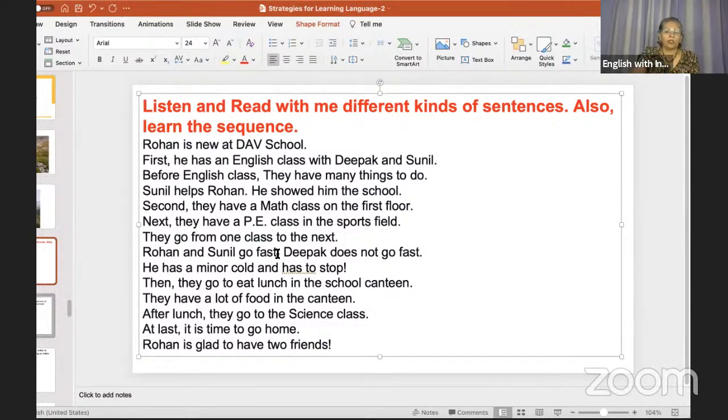Rohan and Sunil go fast. Deepak doesn't go fast. He has a minor cold. Minor means slightly. Minor cold and has to stop. Then they go to eat lunch in the school canteen. They have a lot of food in the canteen. Here we say cafeteria. In India, I think you say canteen, right?